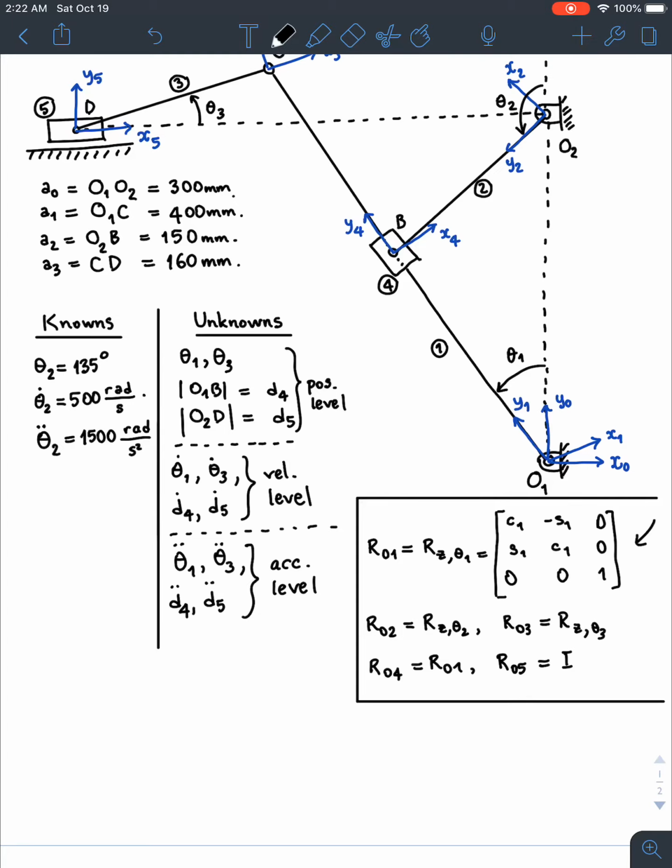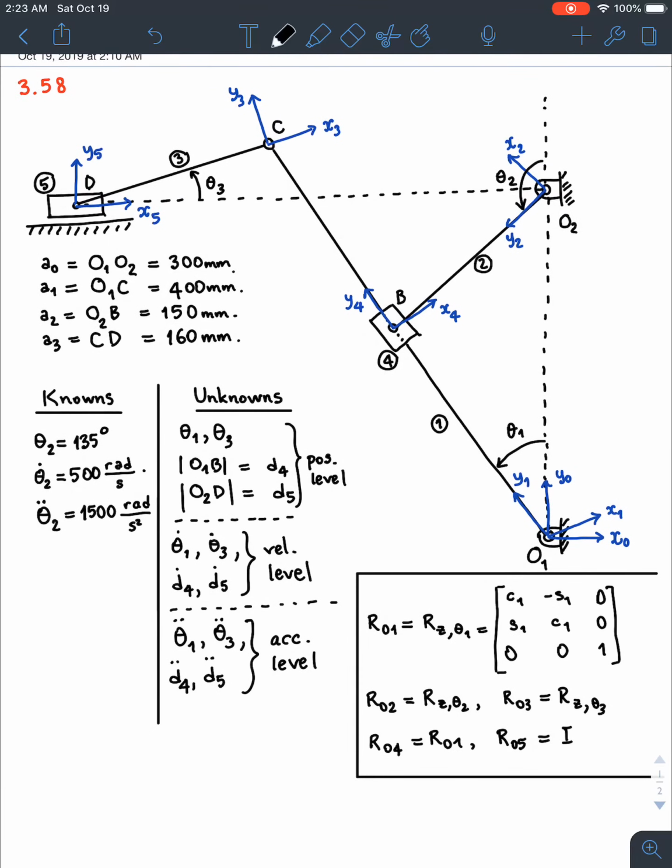They share a z-axis. So essentially, R01 is the rotation about the z-axis by an amount theta 1, and we know that the matrix that corresponds to that rotation is given by this one right there. R02 is a rotation about the z-axis by theta 2. R03 is a rotation about the z-axis by theta 3.